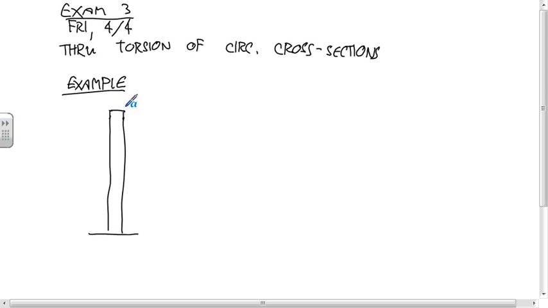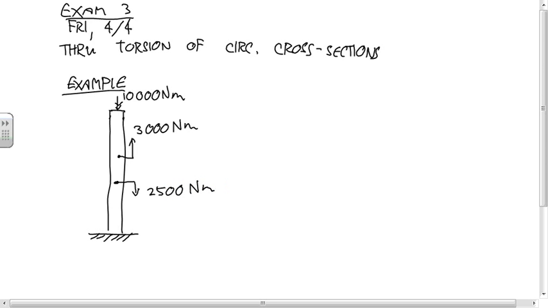So what if you had a problem, you have this column, and let's say that there's a torsion going this way of 10,000 Newton meters. And then let's say here there's a torsion going this way of 3,000 Newton meters. And then here there's a torsion going this way of 2,500 Newton meters.